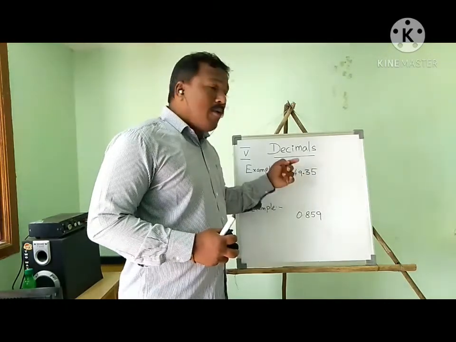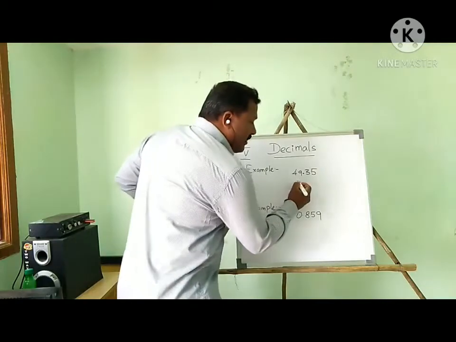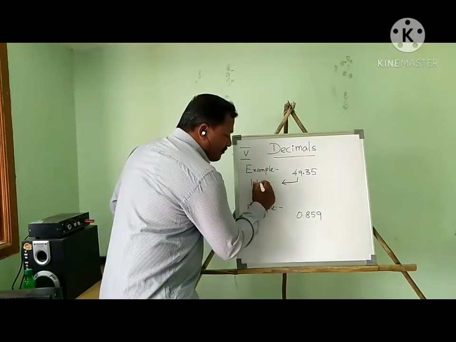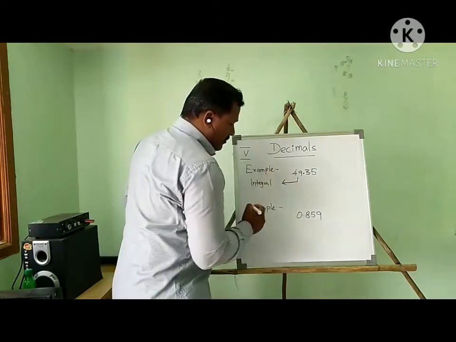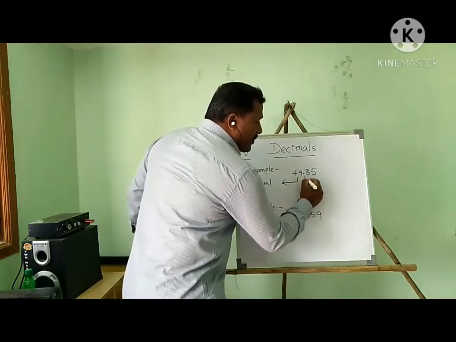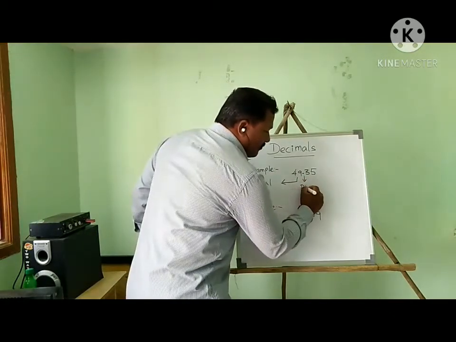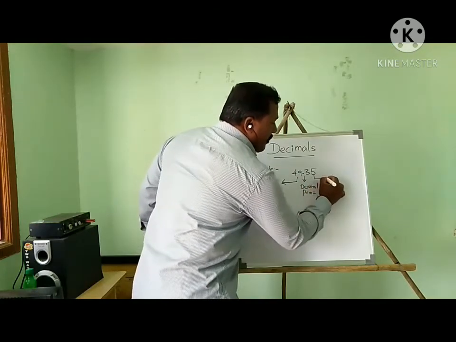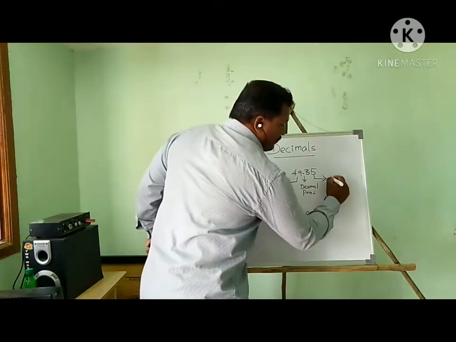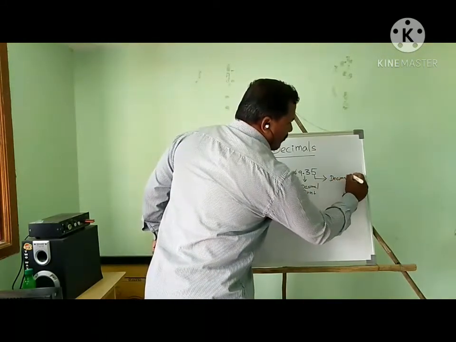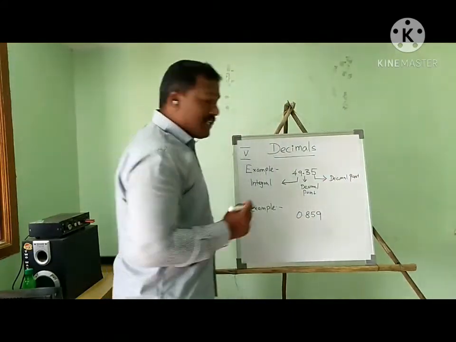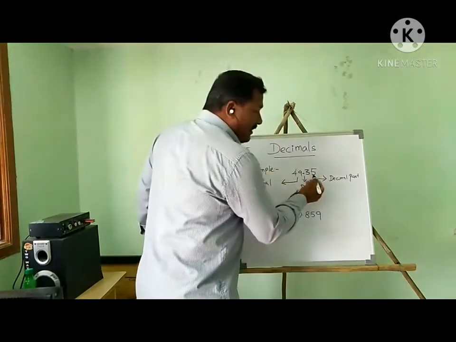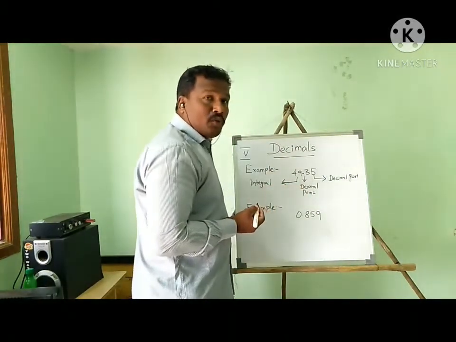If you notice the decimal part, how many places are there? Two places.